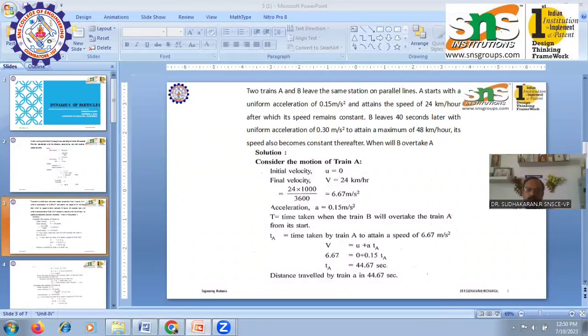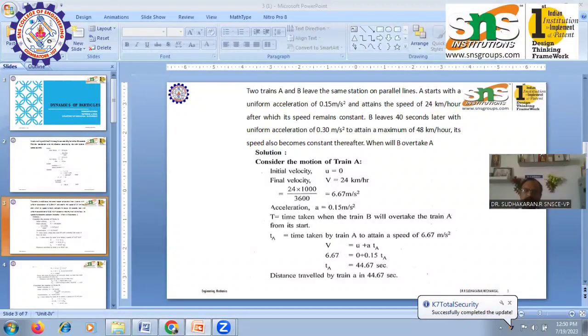Now we'll go for the analysis of this case. Train A starts from rest, so the initial velocity of train A is 0. It attains a speed of 24 kilometer per hour, which is equal to 6.67 meter per second. Train A has a constant acceleration of 0.15 meter per second square.